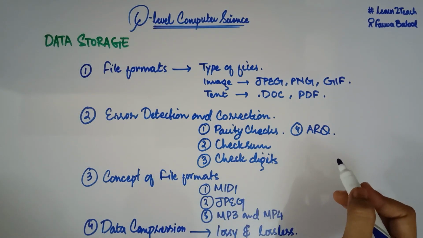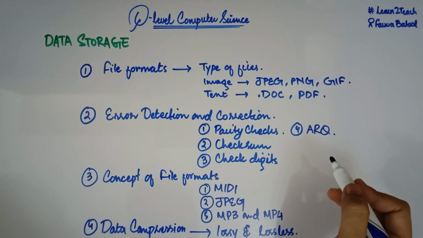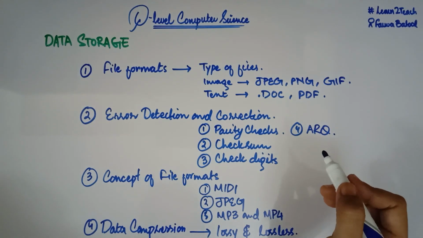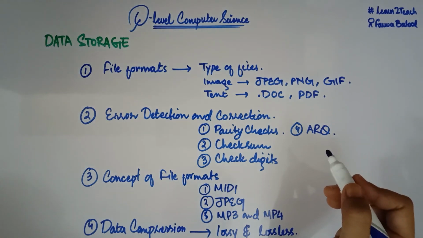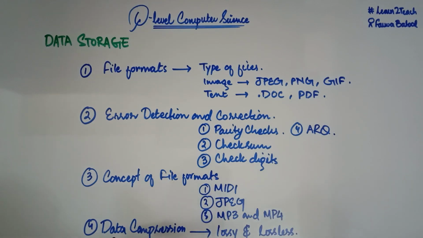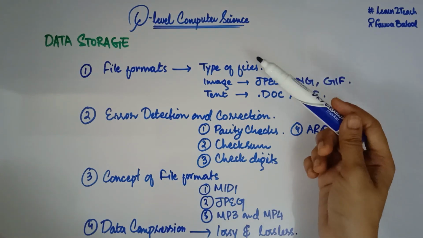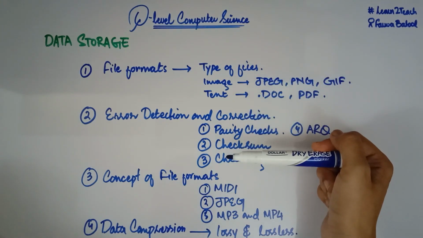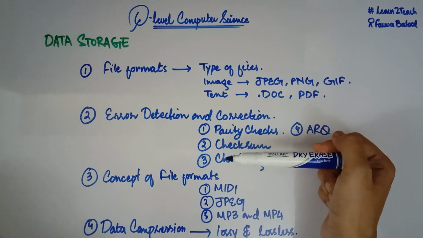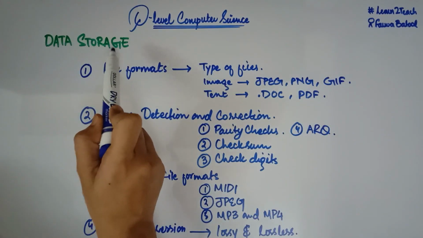We use lossy and lossless compression in different files like music, video, photos and text files, in order to compress them for better storage. So this is something that we are going to cover in this data storage topic.